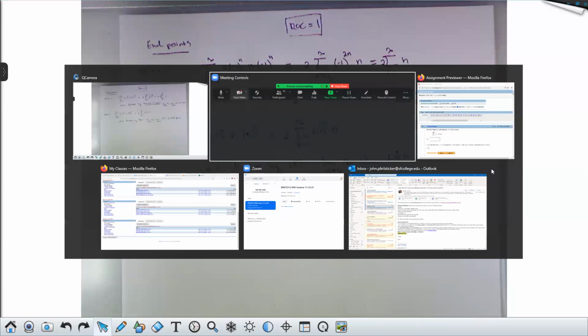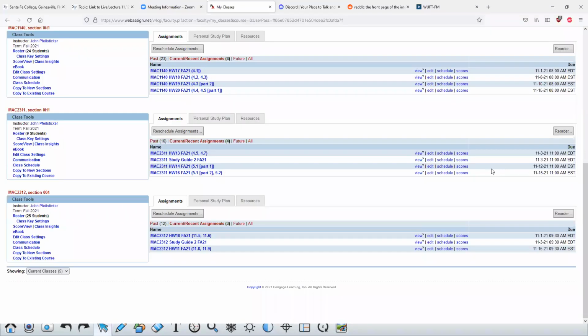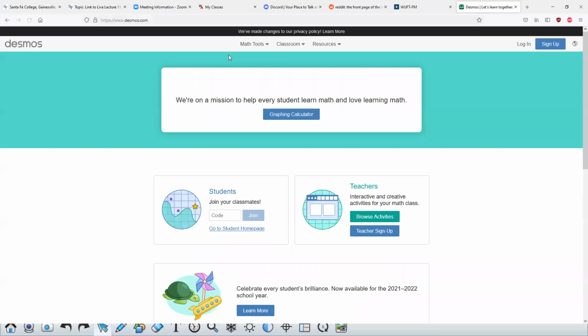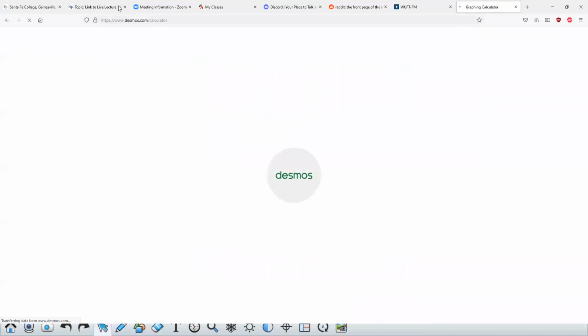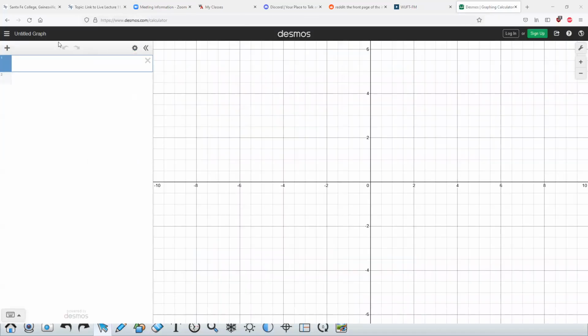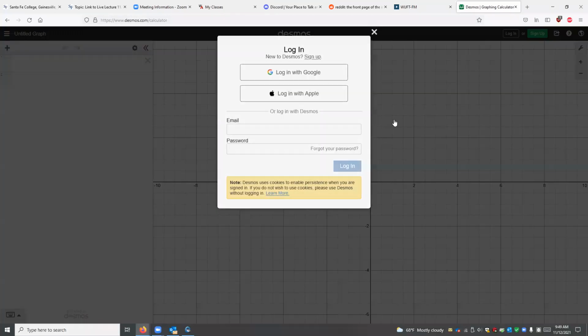This reminds me, I created a new tool in Desmos that I'd like to share with you guys. Something you can play with to help you visualize what's going on with sequences.